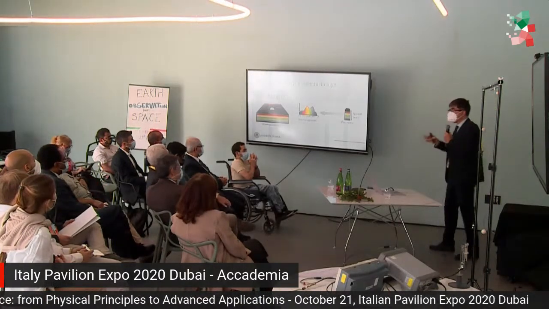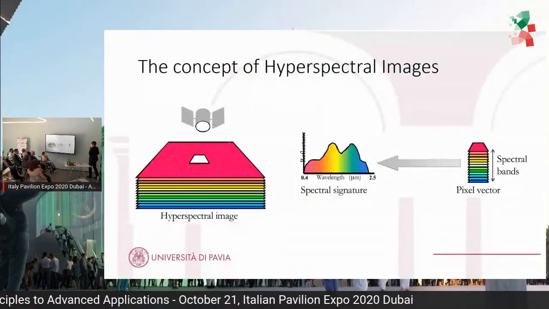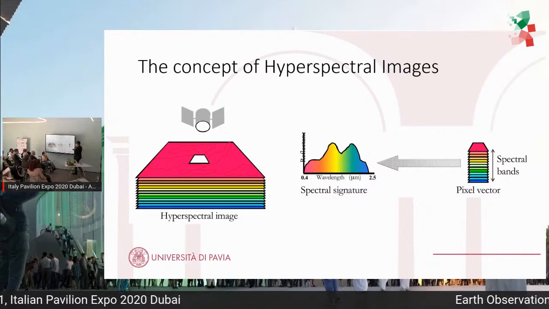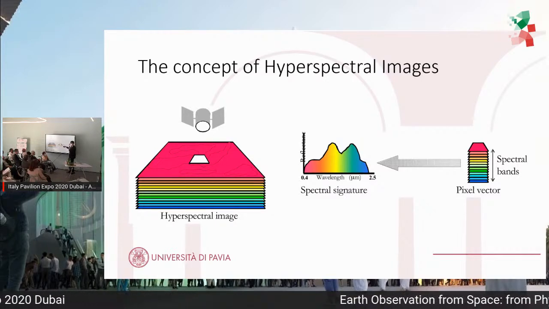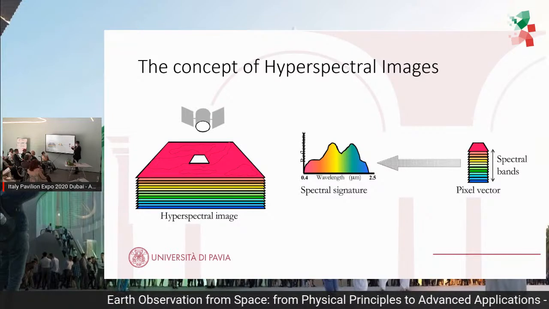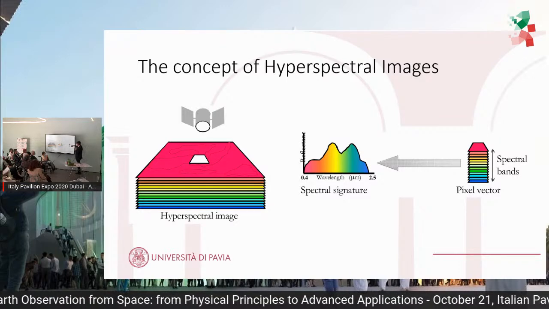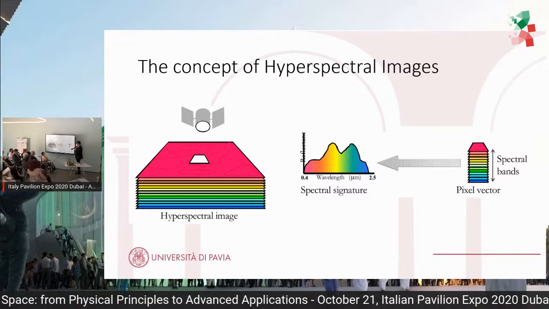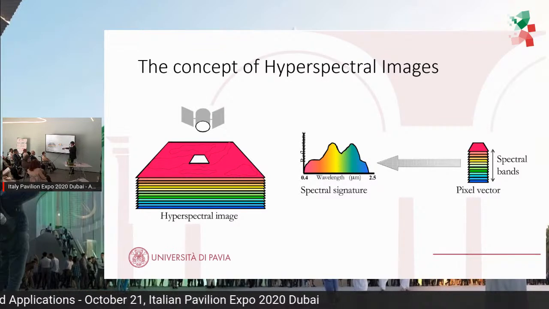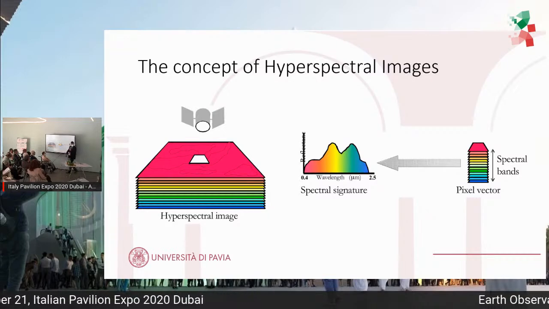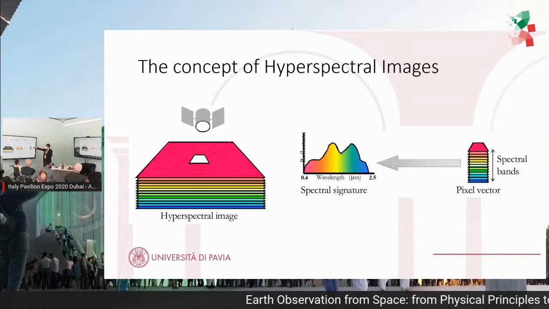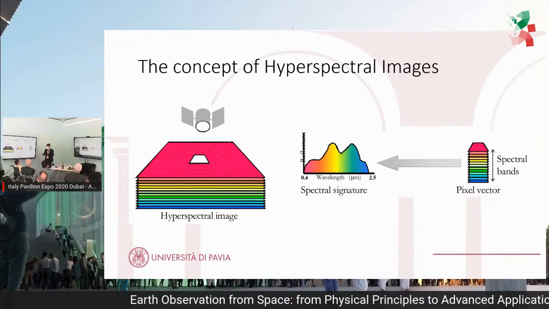So let's start with the concept of hyperspectral images. As I mentioned in the morning, when we talk about multispectral, we basically start from the spectral signature of a specific material, and we take a few measurements. When we move to hyperspectral, we have a very large number of spectral measurements, spectral bands. So every single pixel is basically a very long spectral vector.